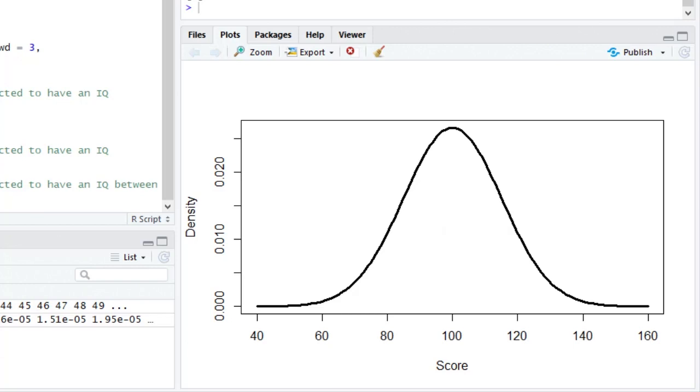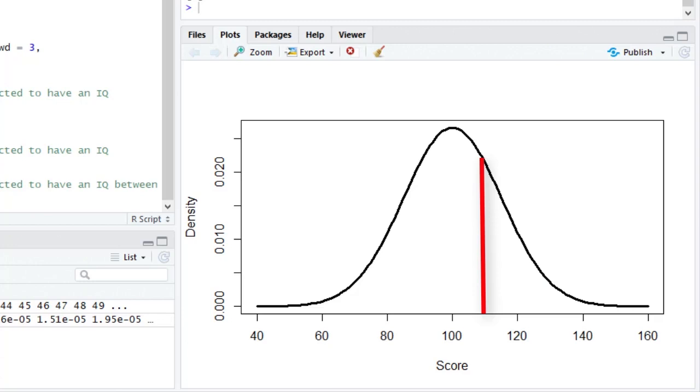Having given you that hint, I'm going to pause for a moment to see if you can figure out how to use the hint and p-norm to calculate the proportion of children with an IQ score above 110. Time's up. How did you do?